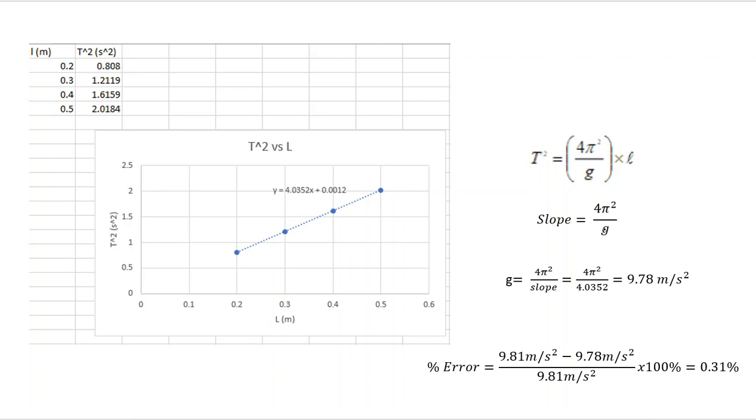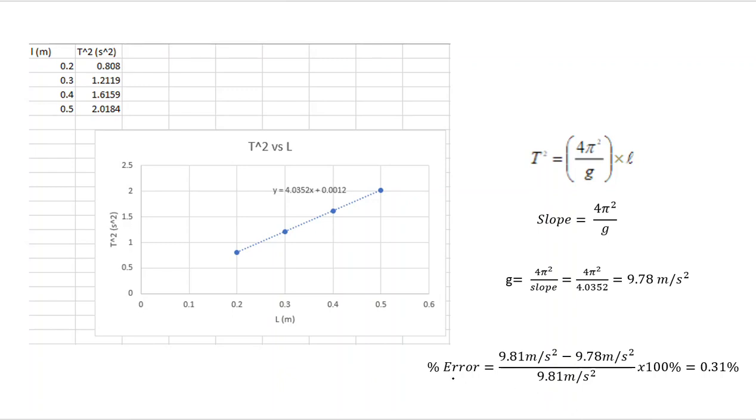So if you want to find the experimental value of the acceleration of gravity, what you have to do is just solve for g here. So you get that 4 pi squared over the slope will be equal to g, and the value of g that I get is 9.78 meters per second squared.